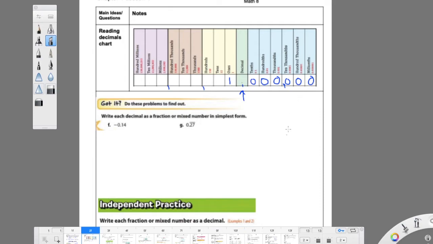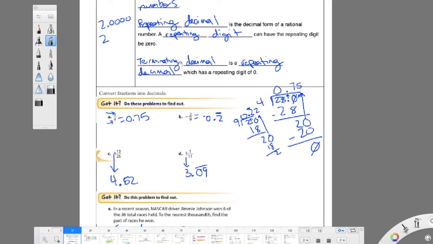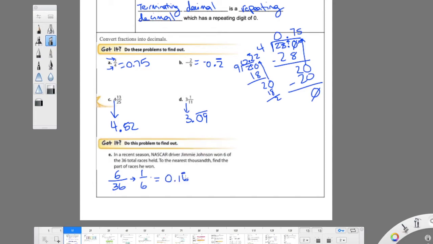So when they ask us to write it out to 1,000ths, they wanted us to go to 2 decimal places. So we just need to be careful about that. When we type that in, if it asked us to do thousandths, and we only did a tenth or hundredth, which is what I did here, that would be an oops.